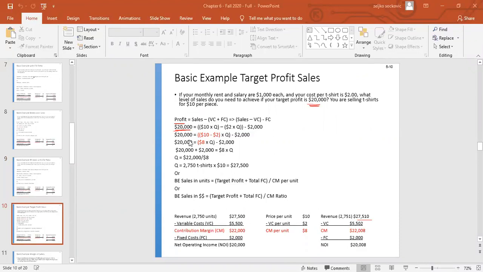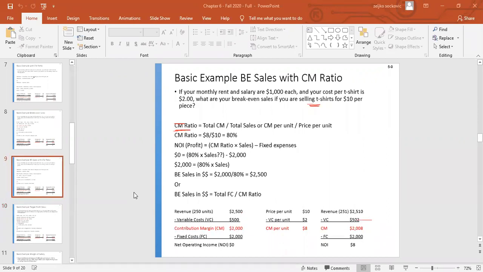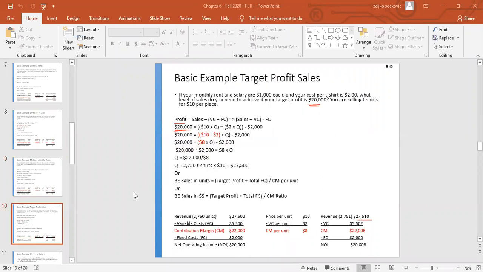So you cannot just add 20,000 to whatever the previous sales were, 2,500, because that will give you 22,500, but you would be short $5,000. Why? Well, because you have variable cost, right? So you actually need $25,000 in sales.